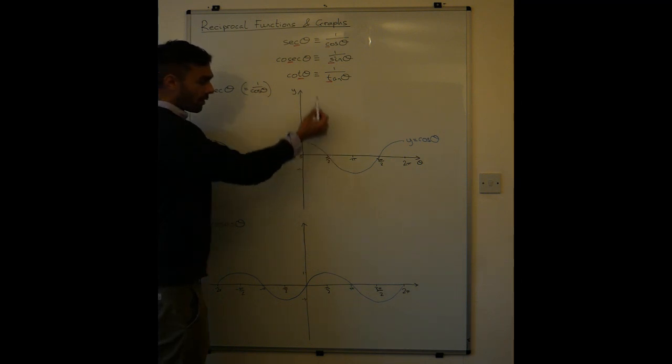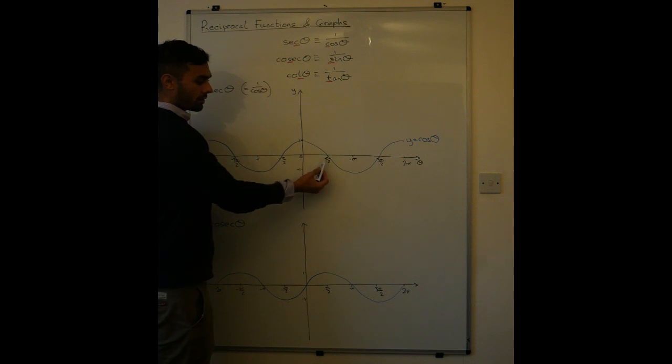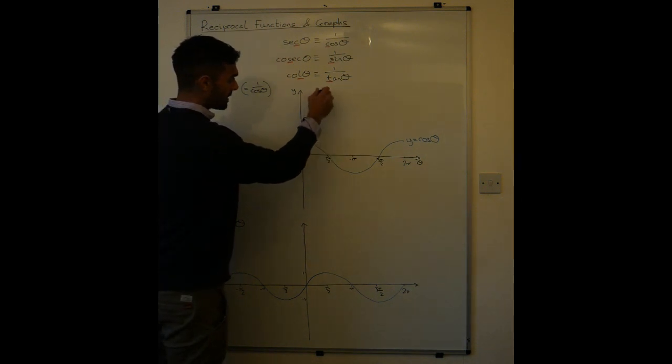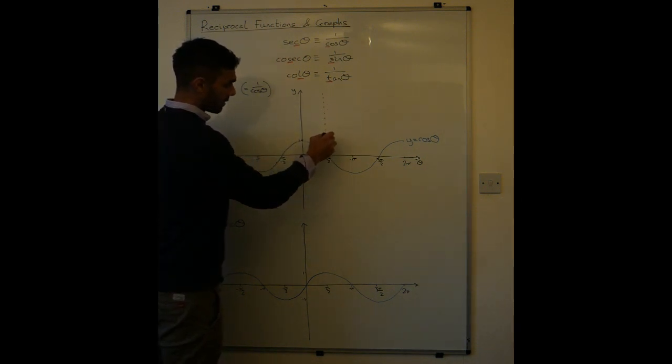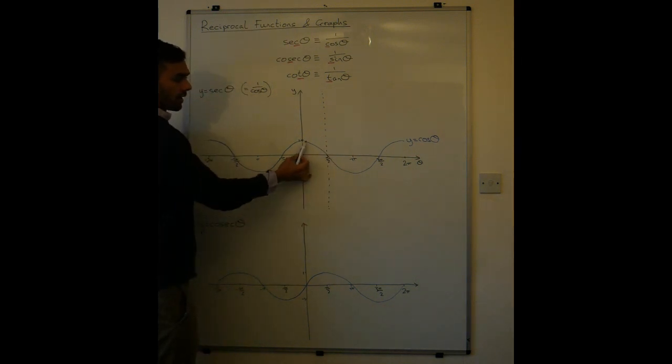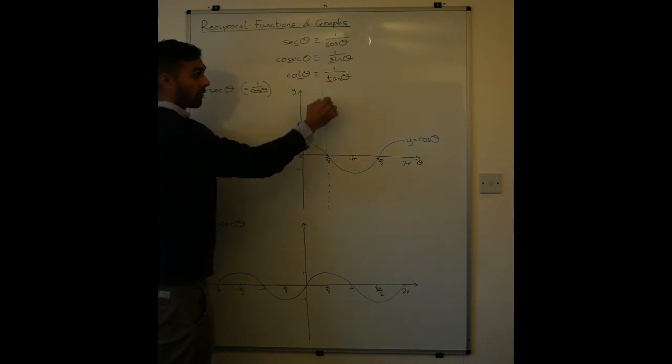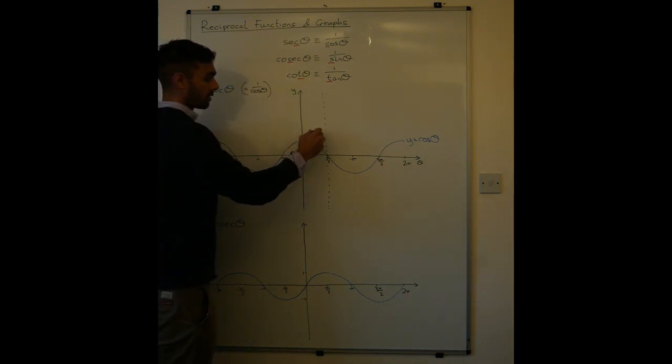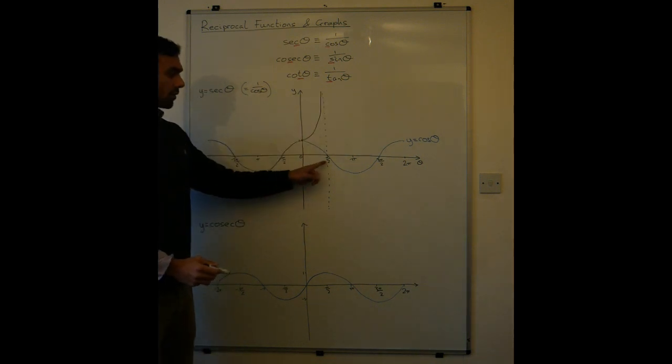But the numbers get very large close to pi over 2, so in fact this is an asymptote here. There we go. Okay, so cos gets very, very small, which means sec gets very, very large. So there's our sec curve between 0 and pi over 2.